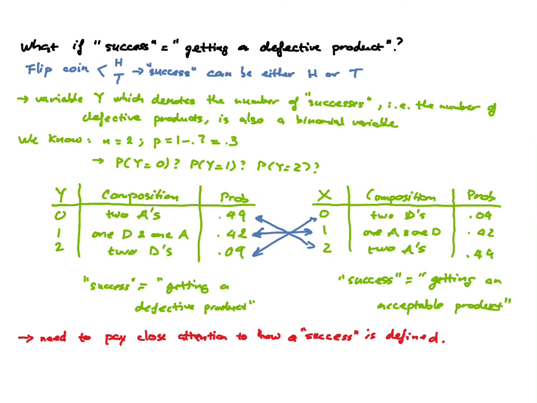So in this video, we did an example where we apply the table to compute probabilities for a binomial random variable.